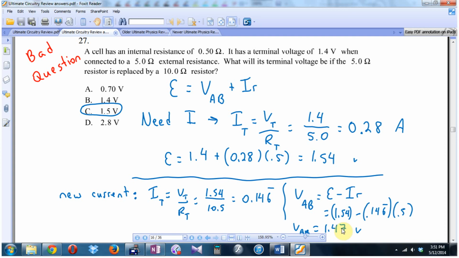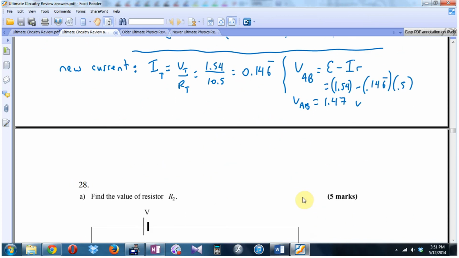I didn't like my terminal voltage and my EMF being the same. I realize to 3 sig figs I'd have no problem with that, because then you can clearly see, oh yeah, I lost some volts going through the battery. The other stuff I don't mind, just bad numbers.